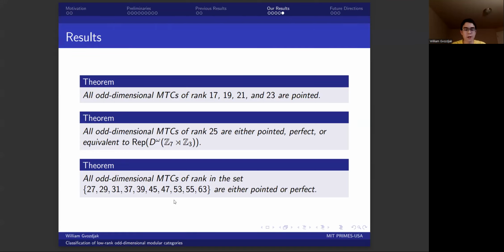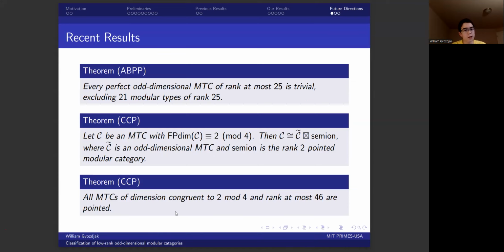Next, I'll get into some recent results and future directions that could be interesting. The first is that recently it was shown that every perfect odd-dimensional modular category of rank at most 25 is trivial, excluding 21 modular types of rank 25. This makes progress towards classifying all odd-dimensional modular categories of rank up to and including 25.